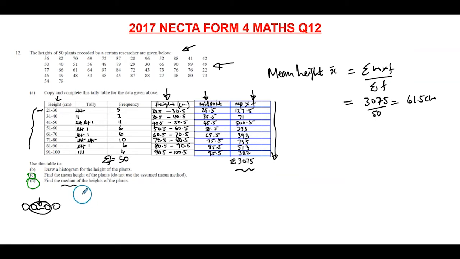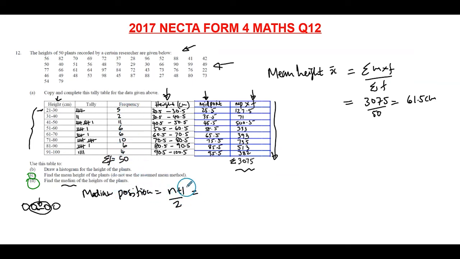So the position for the median, I will put it in simple English, is going to be (n plus 1) divided by 2. And this will work whether it is an odd or not odd number of frequency.